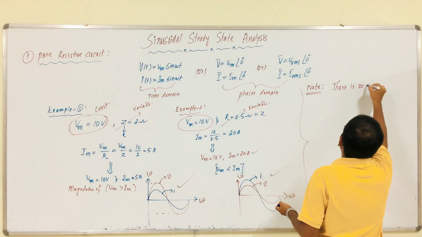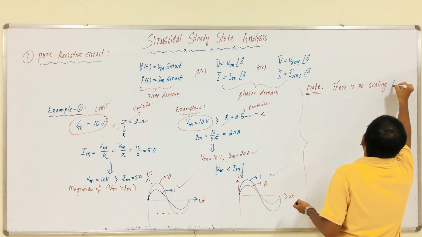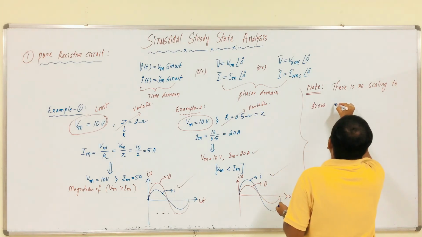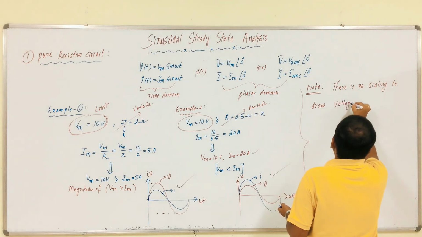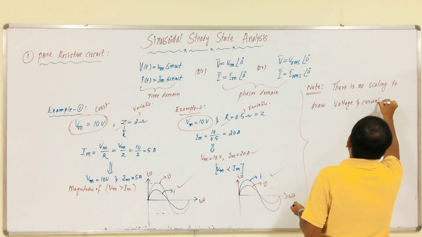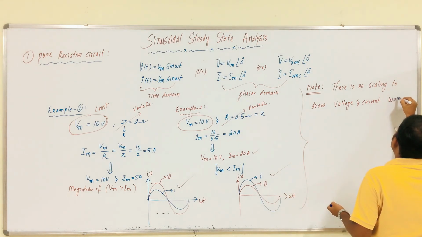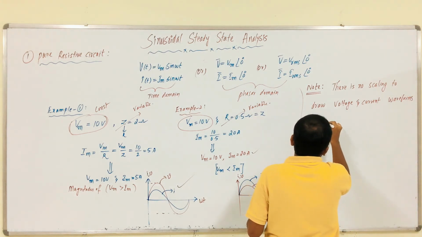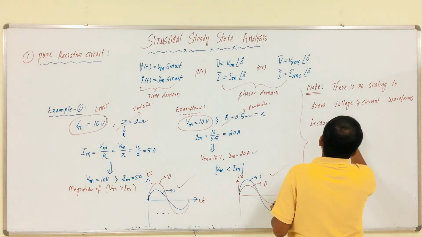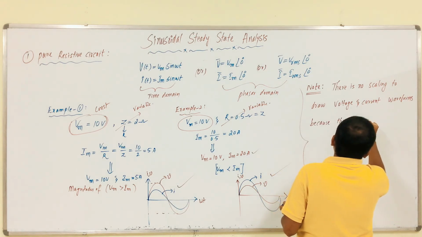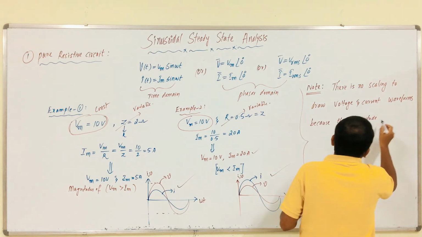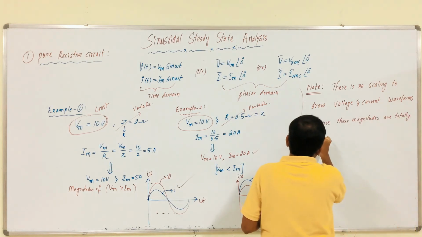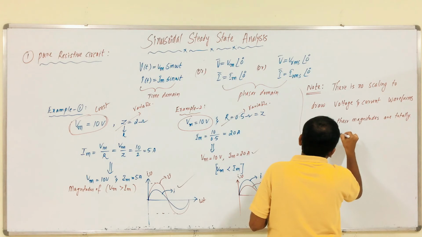There is no scaling to draw voltage and current waveforms, because their magnitudes totally depend upon the impedance which is present in the circuit. Okay. This is the basic concept involved to draw the waveforms.